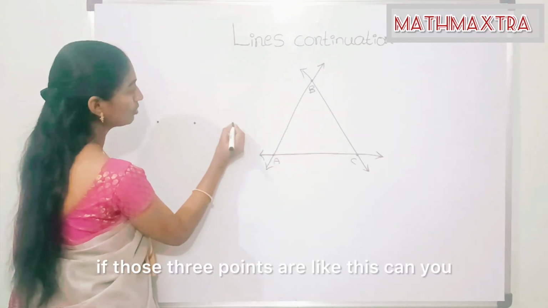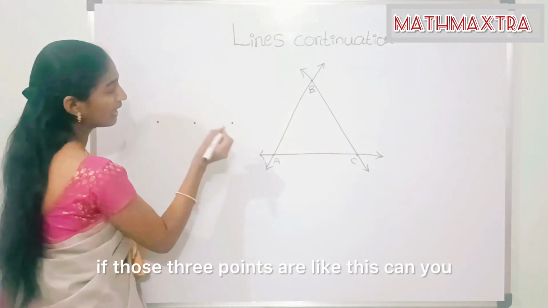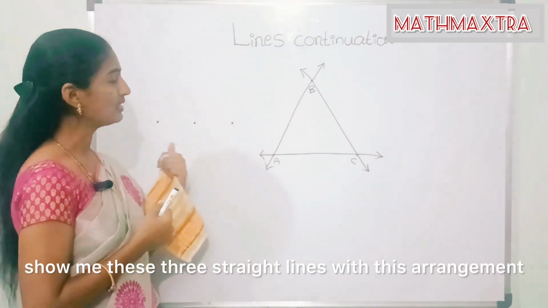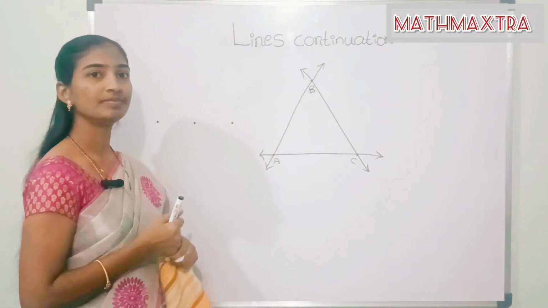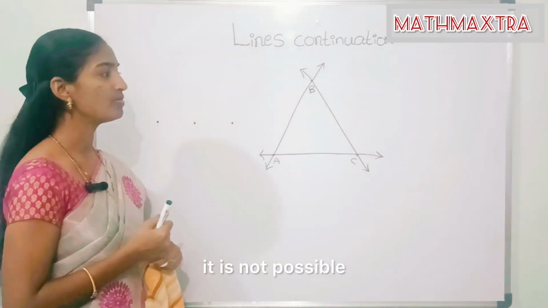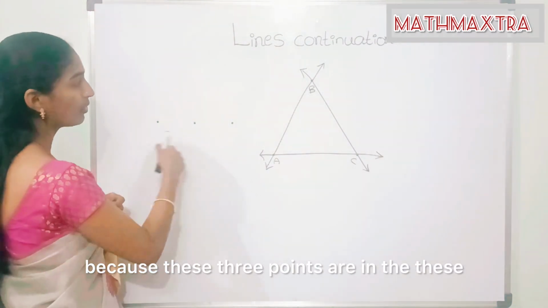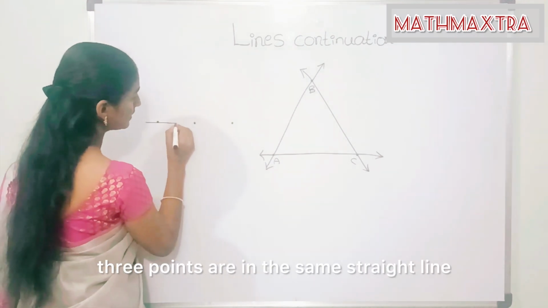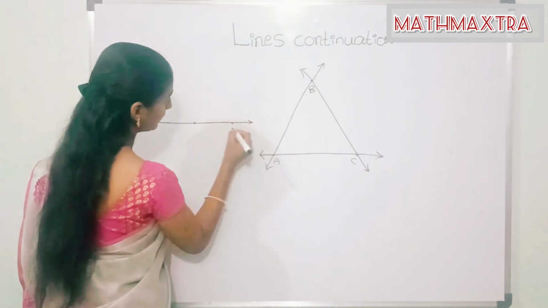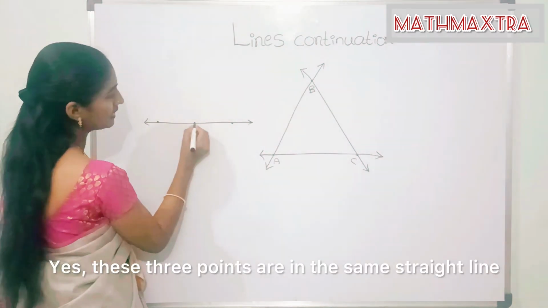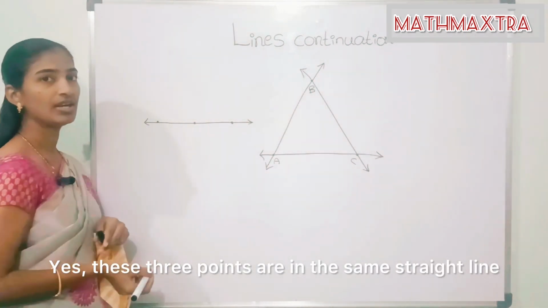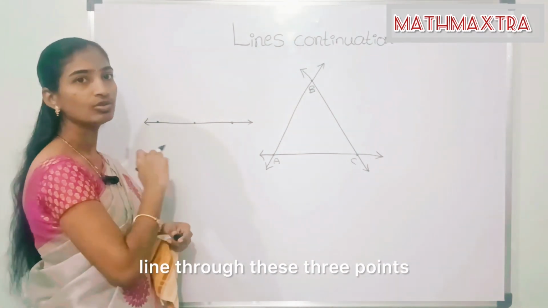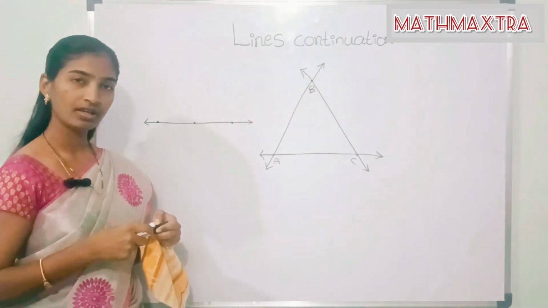If the 3 points are like this, can you show me three straight lines with this arrangement? It is not possible, because these 3 points are on the same straight line. That is why we cannot show more than one line through these 3 points.